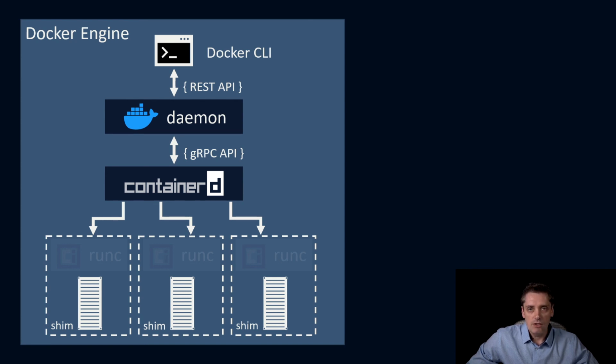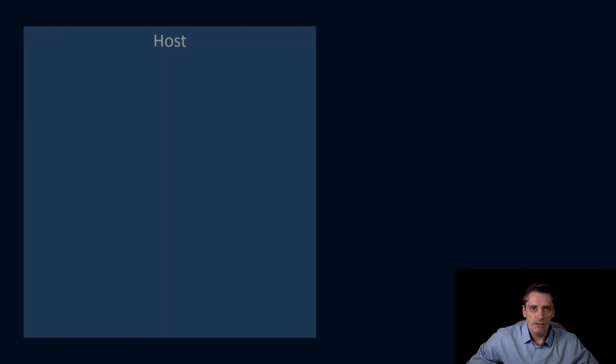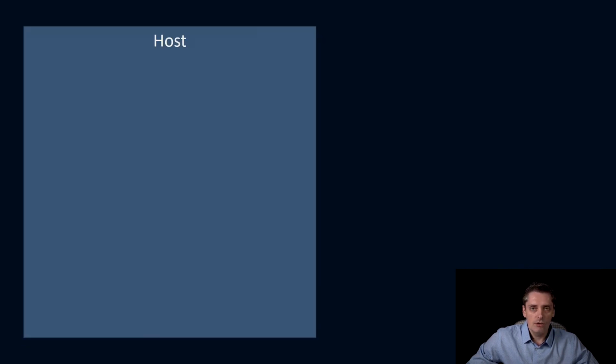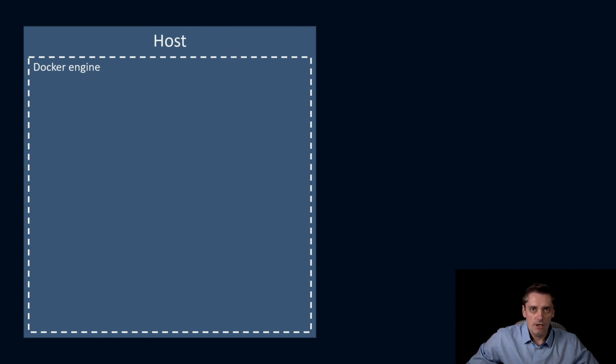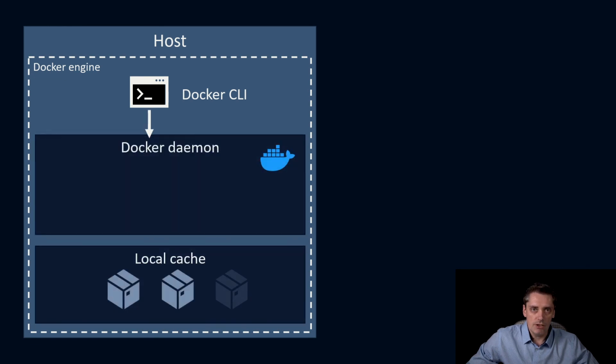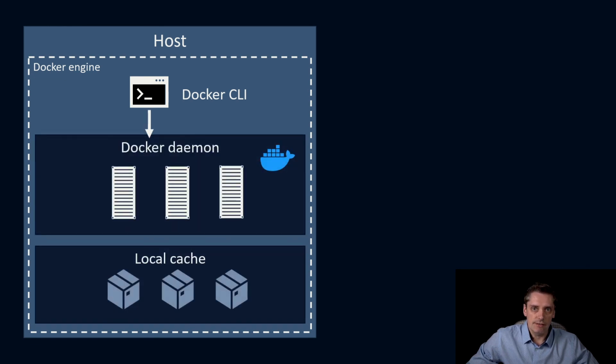For now, you just have to remember that to start working with Docker, you need to have Docker engine installed on your host, and you will use Docker CLI to send your commands to Docker daemon that will manage your images and containers. A container image is a deployment package of an application, and it contains several read-only layers which have their own unique ID.